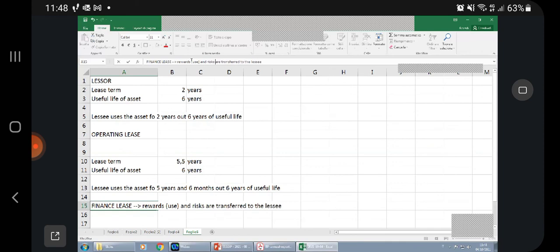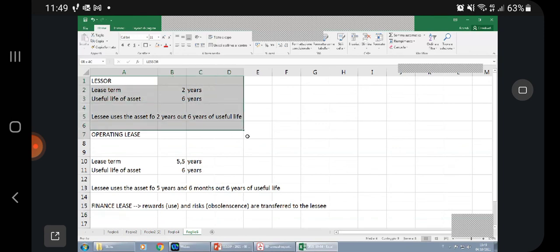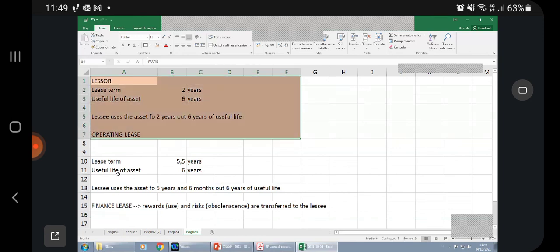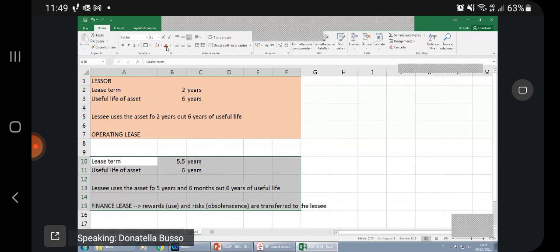For example, the risk of obsolescence, because the contract is for 5 years and 5 months. If there are some problems, for example, in terms of technological innovation, the problem is of the lessee. Is this clear for everybody? In these two cases, it's very clear that the first one is an operating lease and the second one is a finance lease.